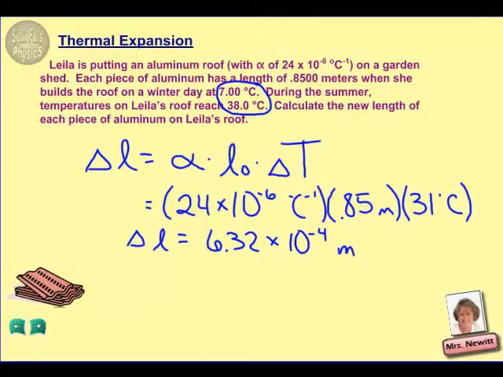Now notice we're actually not done yet. It does say to calculate the new length, and since we're going from low temperature to high temperature, then our new length would be expanded.